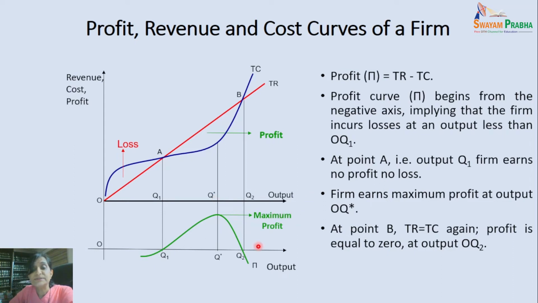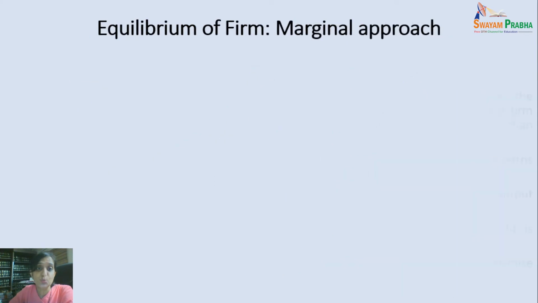So OQ star corresponds to that level of output at which the firm is earning maximum profit, and a rational firm would like to maximize this profit. It would definitely like to produce more than OQ1 so that it earns greater profit. Once it reaches OQ star, it would like to stop somewhere here, because its profits are getting maximized. So that's the total approach.